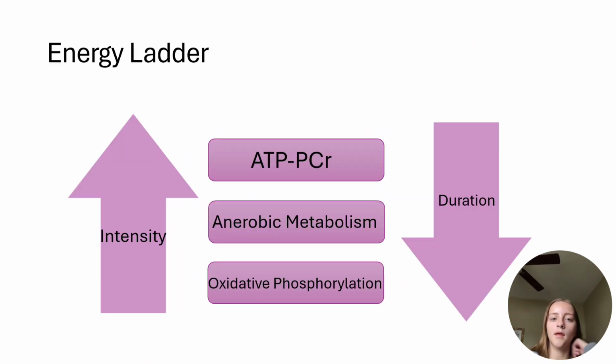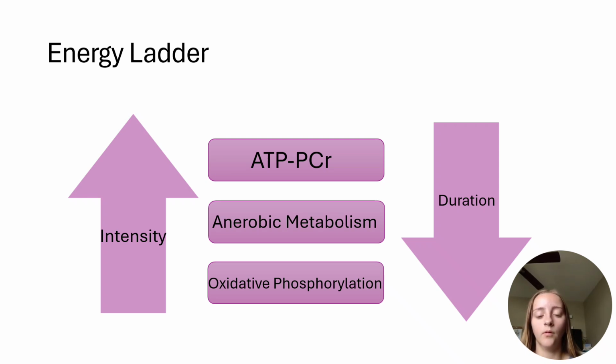And then here's the energy ladder that kind of explains how these energy processes work together. So as the intensity of your exercise increases, your body's going to work more towards the ATP-PC reaction, whereas as the duration increases, as we saw with oxphos for the longer endurance activities, your body will go more towards oxphos.